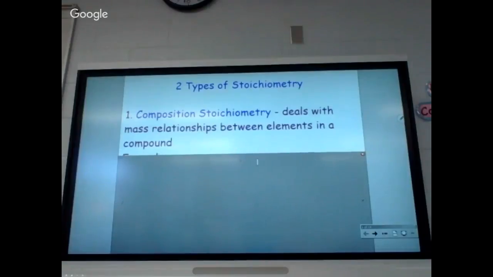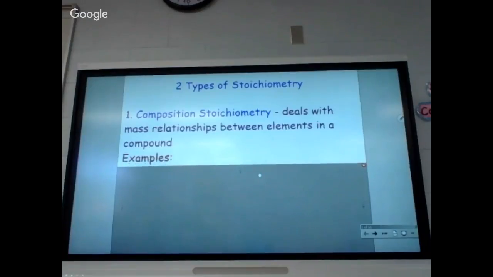Okay? Now, composition stoichiometry deals with mass relationships between elements in a compound. This is the type of stoichiometry we've already studied. Okay? We've already done this. It deals with mass relationships between elements in a compound.